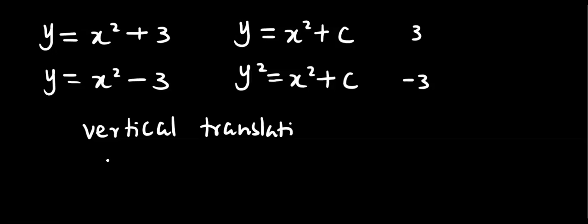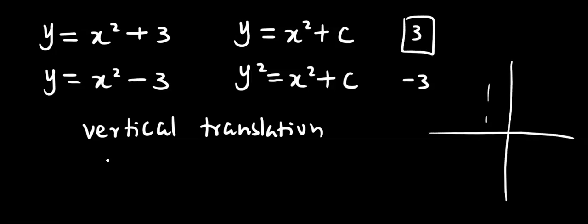If c is positive, you're going to go up. If c is negative, the graph is going to go down. How many units? C is positive 3, you're going to go up 3 units. C is negative 3, you're going to go down 3 units.